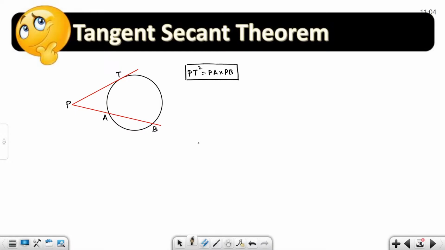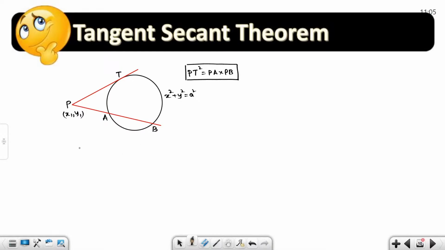So here I will prove the same theorem by means of coordinate geometry, right? Let the point P be (x1, y1) and the equation of the circle be x square plus y square equals a square. You can take the general equation of the circle also, no problem, you are going to get the same thing. Understand the concept first.